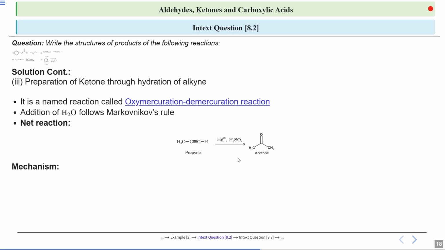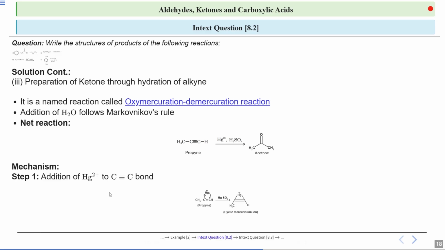When you react propyne with Hg2+ in the presence of sulfuric acid, you get acetone. The first step includes the addition of mercuric ion to the C triple bond C. If you look at this image, you will see that the alkyne, propyne, binds to the mercury ion, Hg2+, and forms a cyclic mercurium ion.